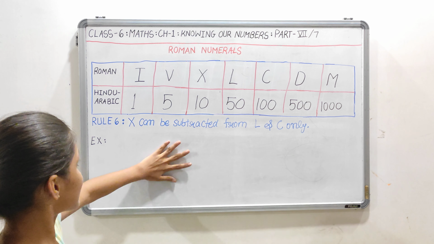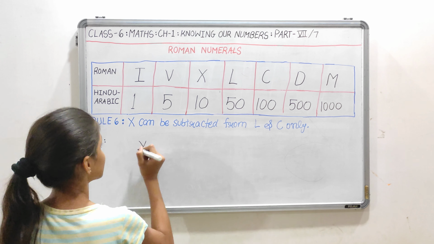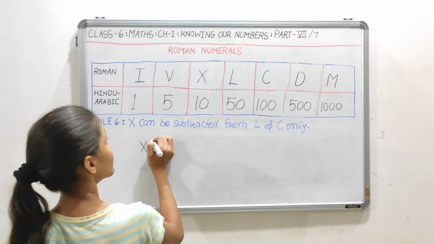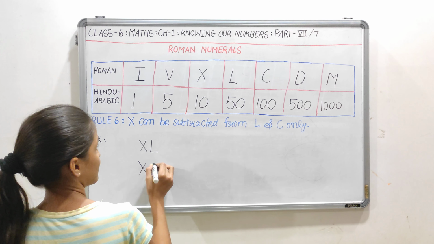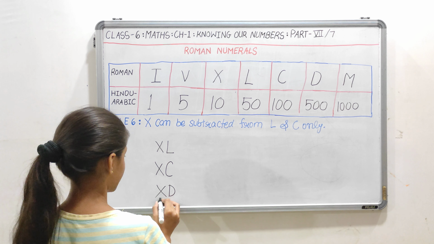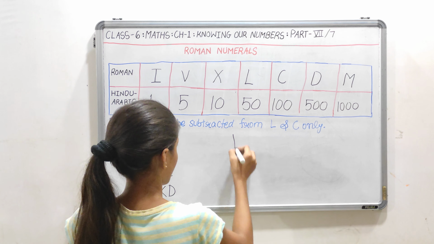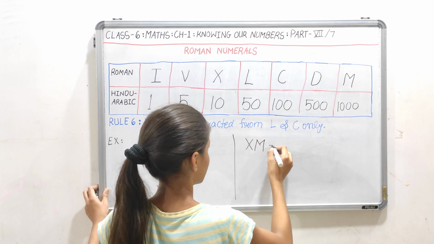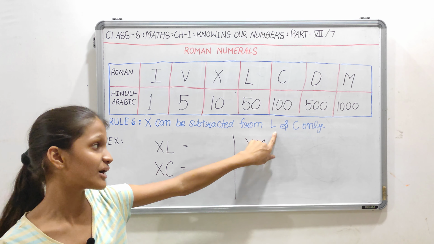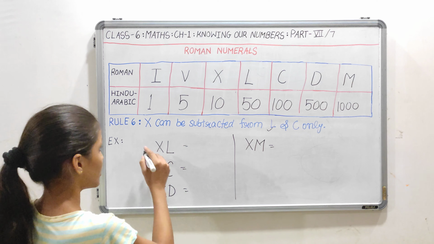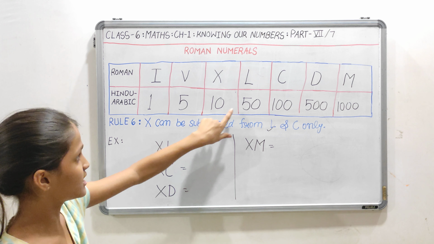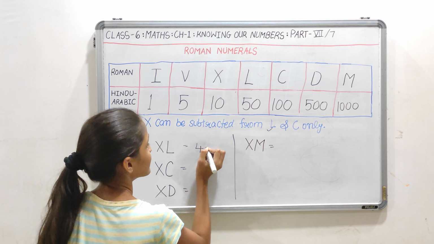For example, if we take X being subtracted from L, or from C, or from D, or from M. Now XL is possible because X can be subtracted from L. So we get 50 minus X, that is 10. So 50 minus 10 equals 40.